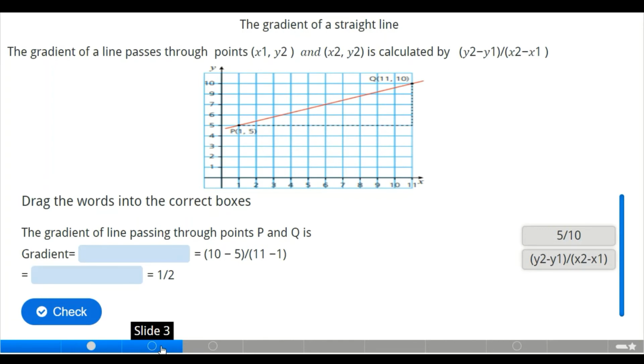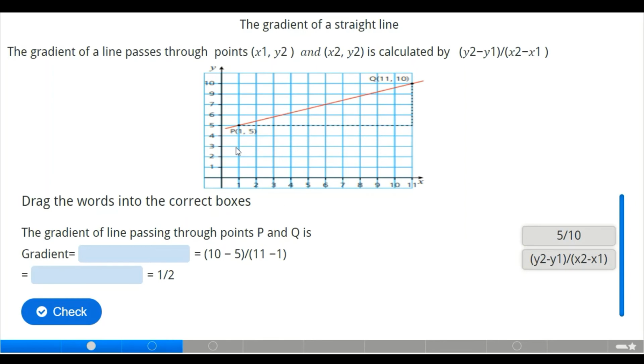The gradient of a line that passes through points (x1, y1) and (x2, y2) is calculated by what? y2 minus y1 divided by x2 minus x1. So if you want to calculate the gradient of a line that passes through specific points, it is calculated by having the change in the y coordinates divided by the change in the x coordinates. That is our y-axis and our x-axis on the graph.